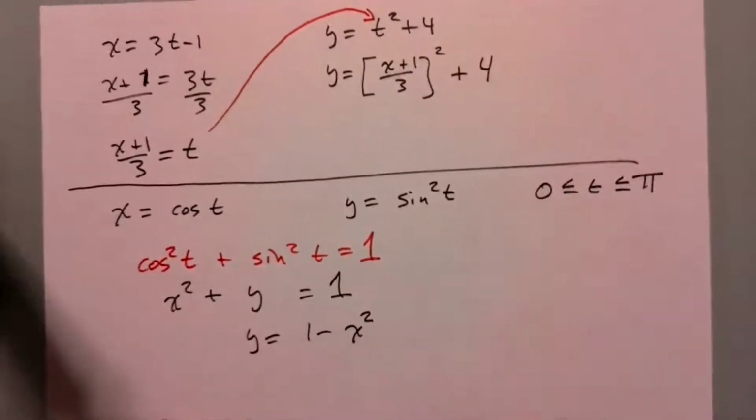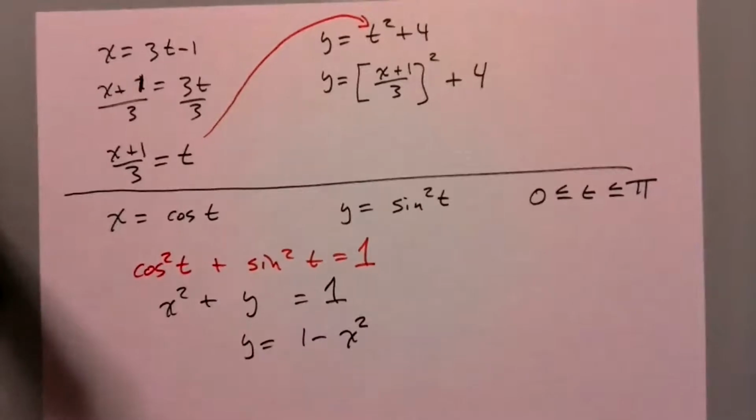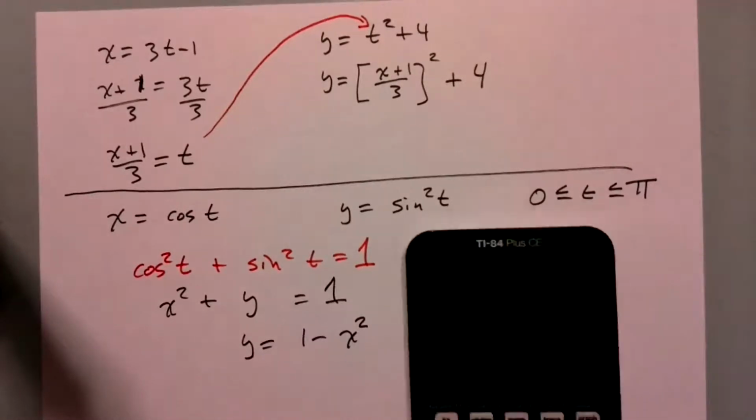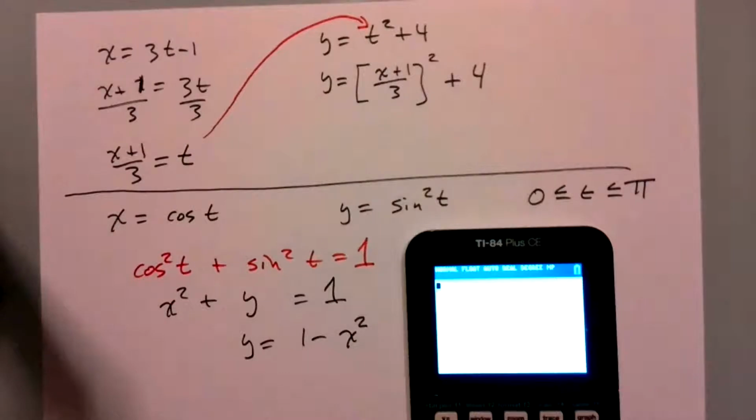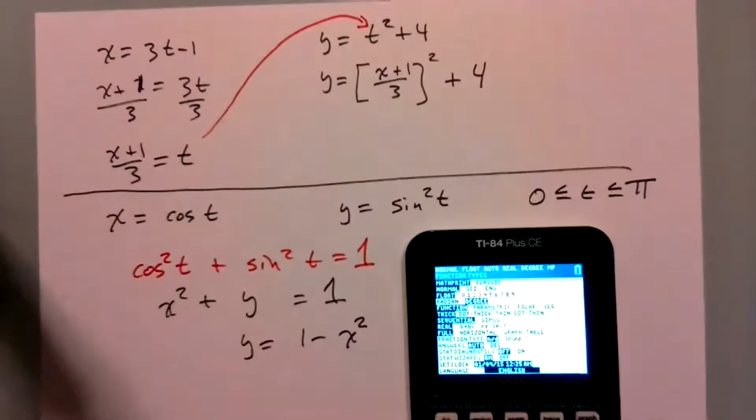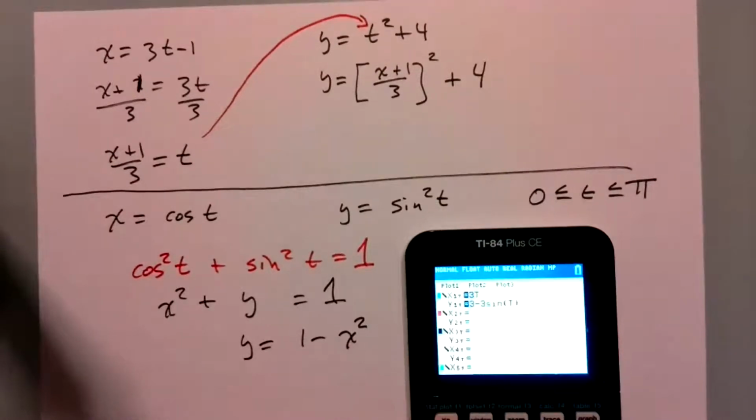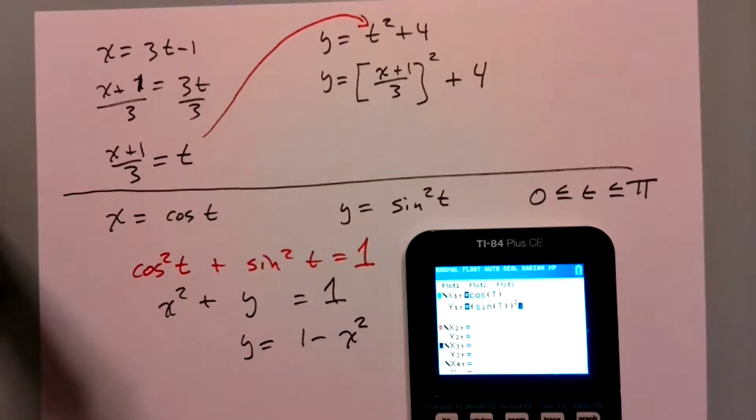So if we would graph that, we're going to get a portion of that parabola, not the whole thing. I don't know if you can see the graphing calculator on there. You do have a parametric mode. Again, I doubt you can see that. So I'll just take a quick look. And I can go ahead and say x is cosine t, and y is sine squared t, which I have to enter as sine t, squared. And then t is ranging from 0 to pi.